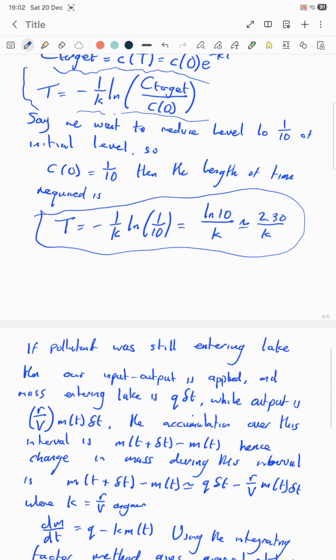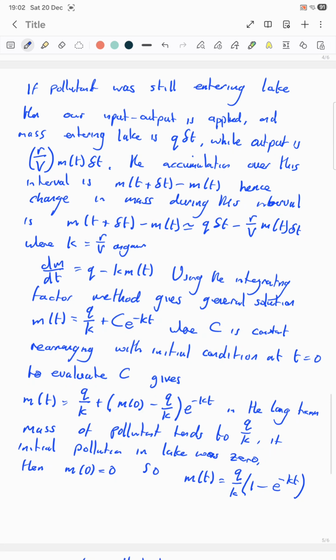Now we're going to say that the pollutant is still entering the lake. So this changes the differential equation which we established before from the start.